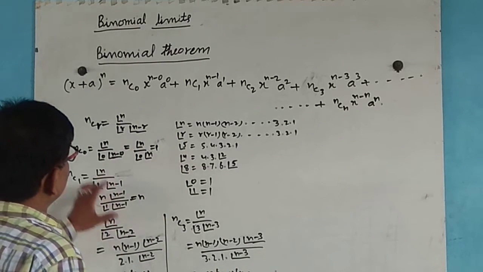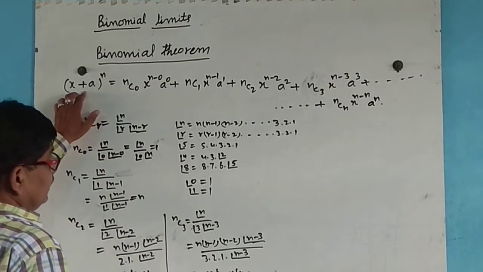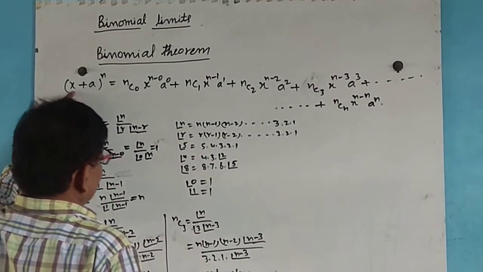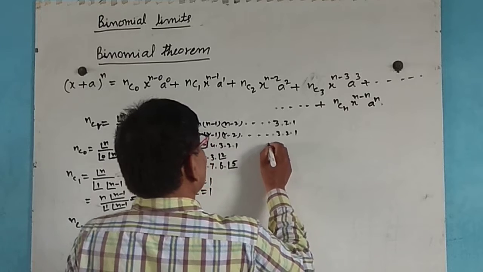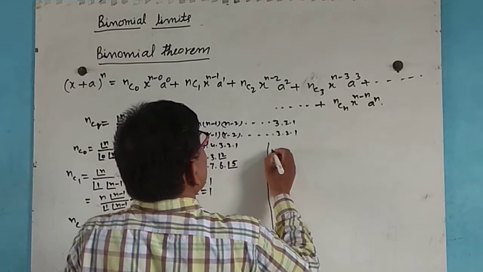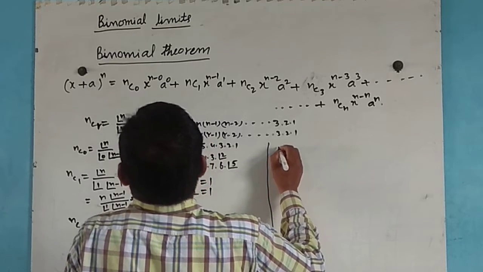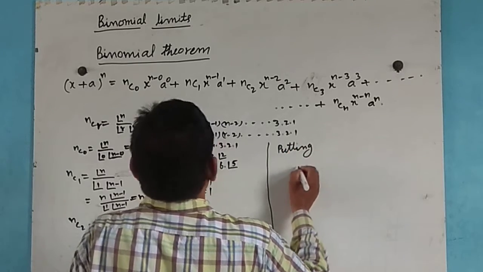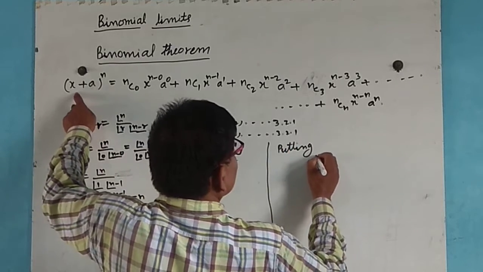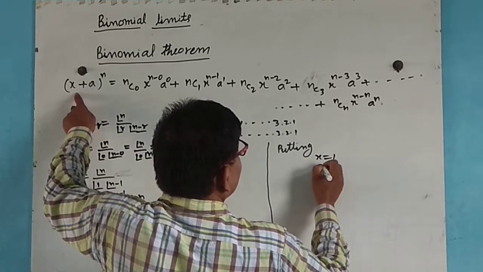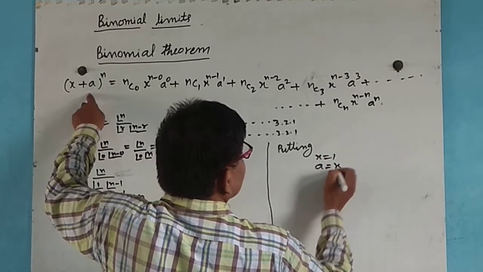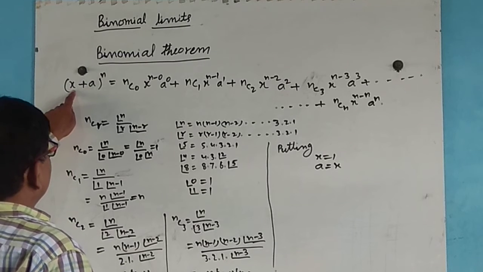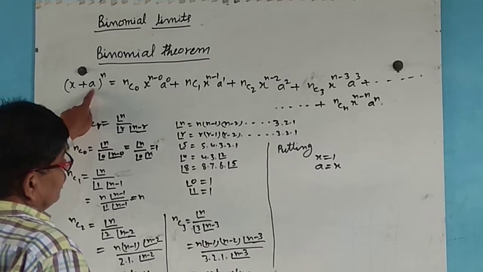Now we put this value in this, putting x is equal to 1 and a is equal to x.